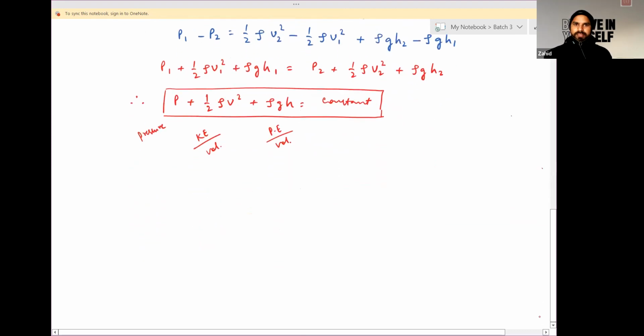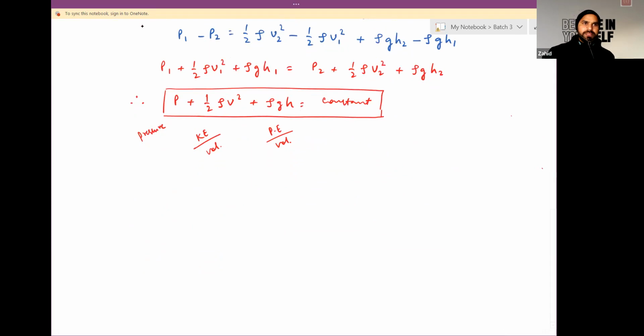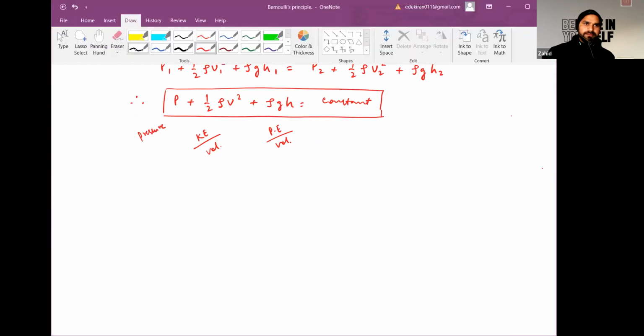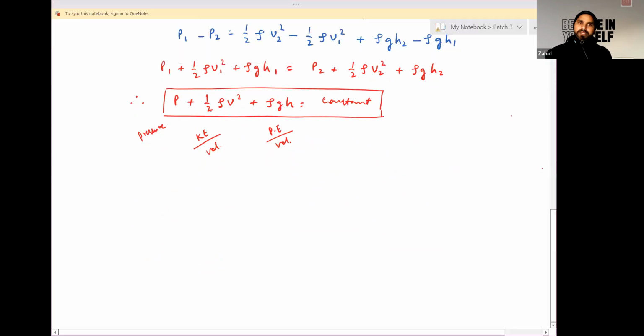Now, there are various applications of Bernoulli's principle. We may write this expression in some other form as well.